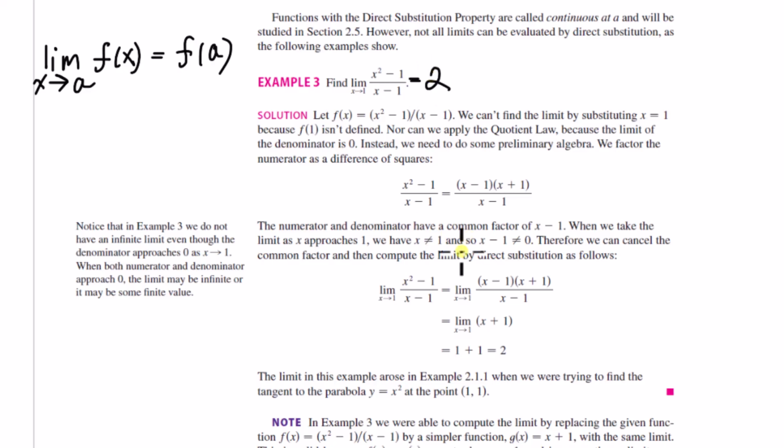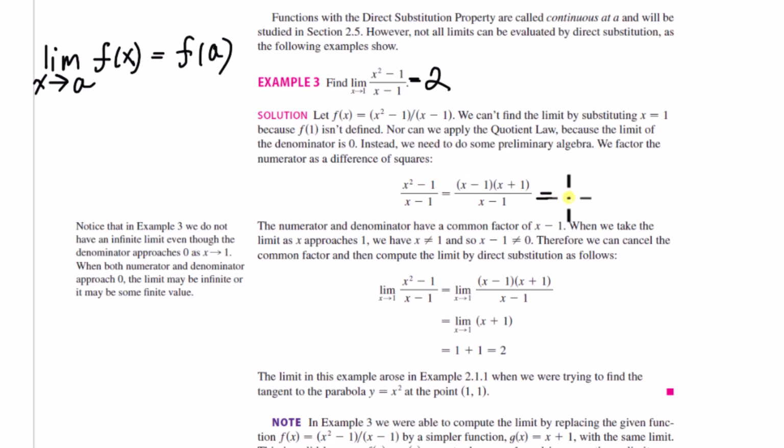Okay, but now you might say, well, wait a minute, hold up. How could we apply the direct substitution property right there? Yes, x plus 1 is a polynomial, but this is a unique case in that it's technically not a polynomial because it comes from the original rational expression, right? This x plus 1 is a simplified form of this.